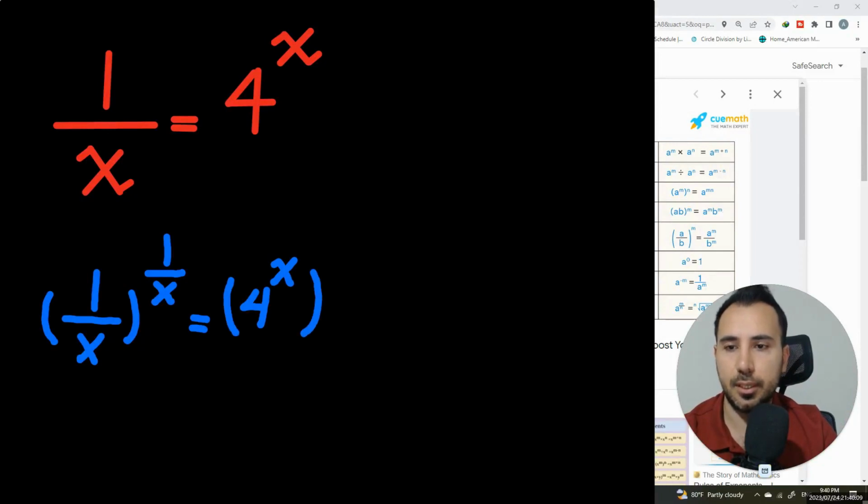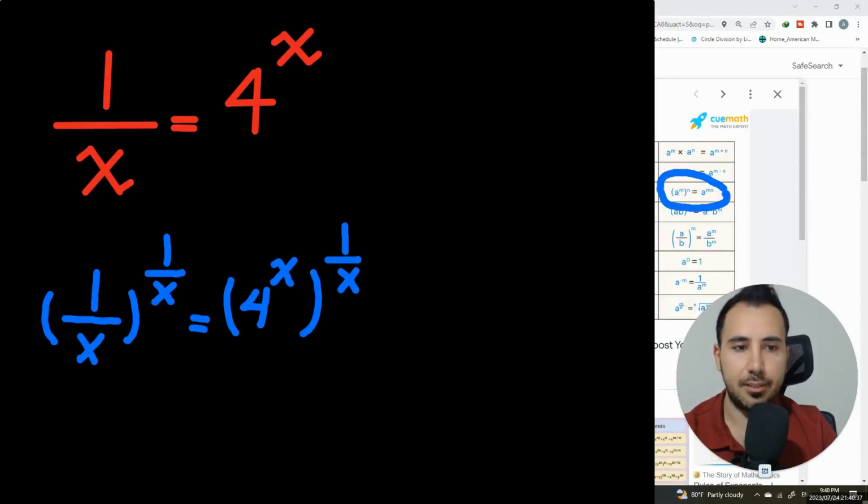So let's go and write it like this. Okay. And this is what we're going to use, the power rule that I mentioned, right? It was right over here. It says all we have to do is multiply x by 1 over x. So this would be, I'm going to write it here. So the same thing over here.